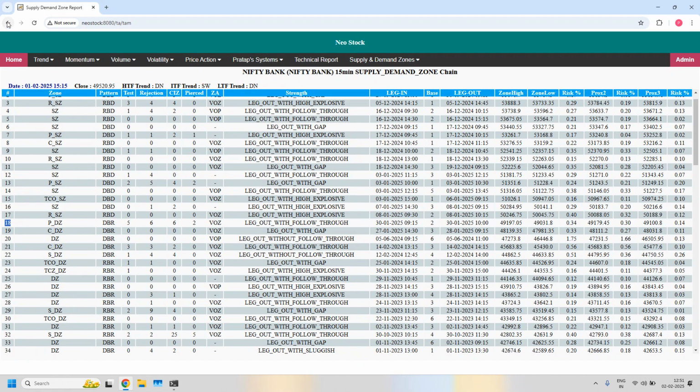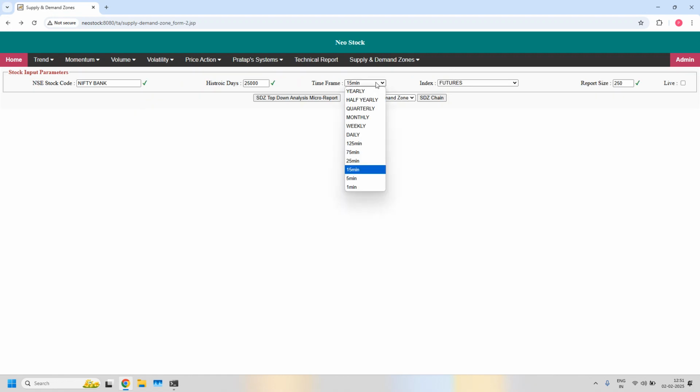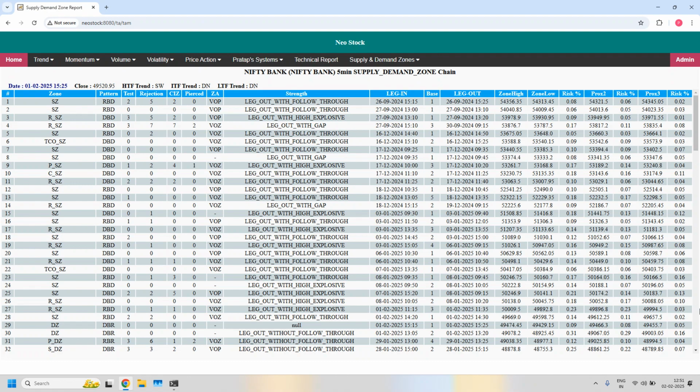Okay, next, 5 minutes supply demand zone chain for Bank Nifty. The nearest closing price, we have the demand zone at item number 29, serial number.